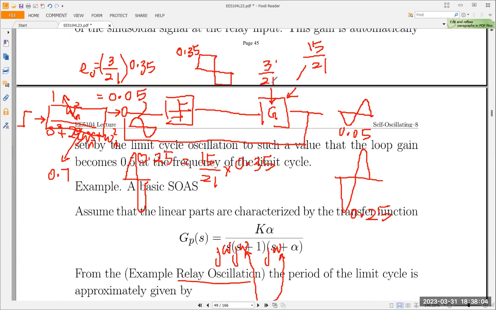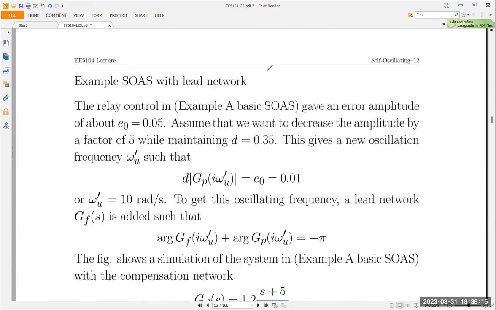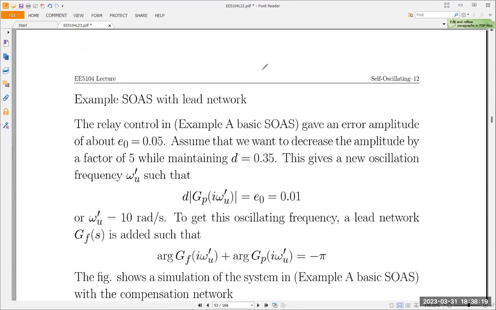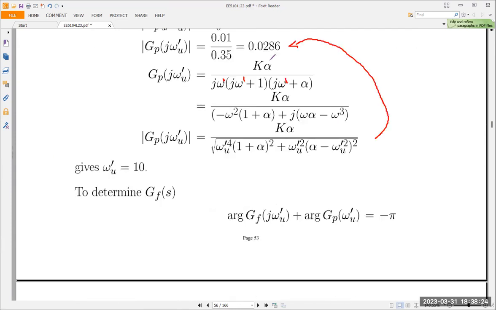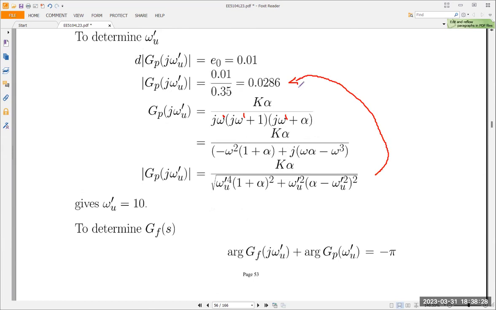So it's 1/7. It's bigger. All right. Now, previous was 3/21. Now, it is 0.02. So it's obviously much smaller than 3/21.